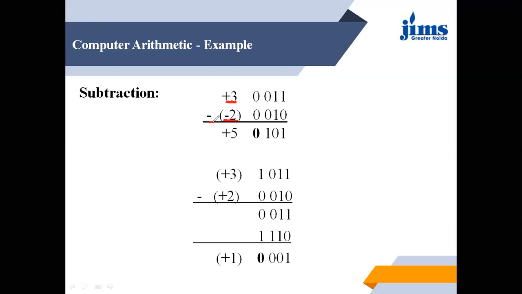When we have to subtract, we first have to check the sign bit of the numbers. In this case, the sign bits are different, so we have to add these numbers. We have to perform A plus B.